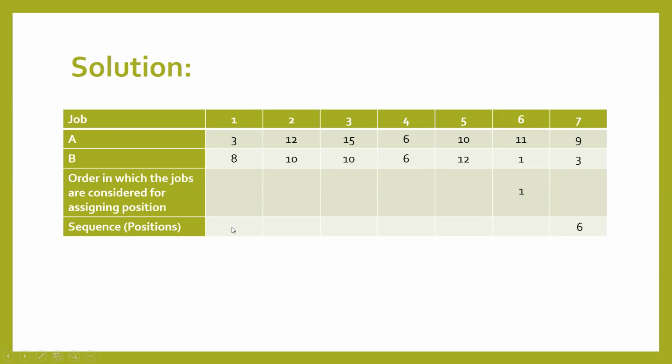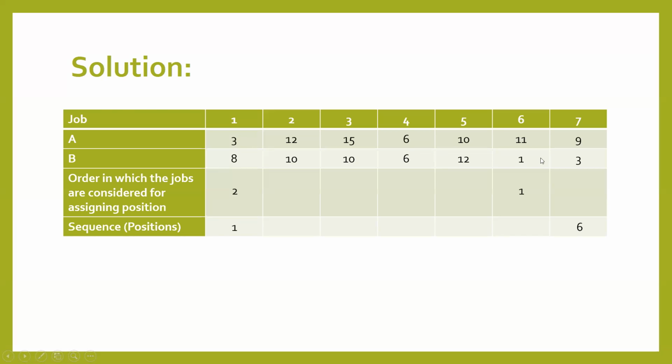Please remember the numbers at the last, in the sequence, are the jobs, and these numbers are the order in which I'm assigning the jobs. I considered job number 6 first and put it at the end. Then I considered job number 1 and put it at the beginning because it was for machine number A.